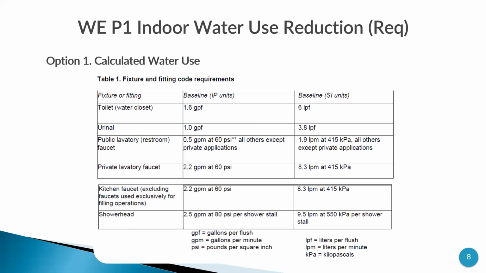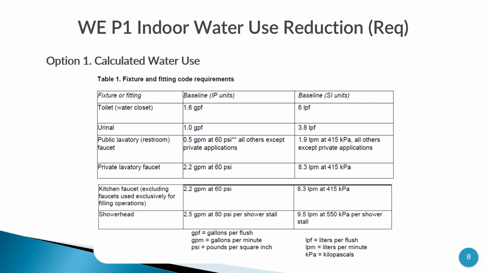So what is that calculation? We are talking about table 1. What is this table 1? Fixtures and fittings: toilets, the baseline is 1.6 gallons per flush or 6 liters per flush in SI units. Urinal, 1 gallon per flush, 3.8 liters per flush.